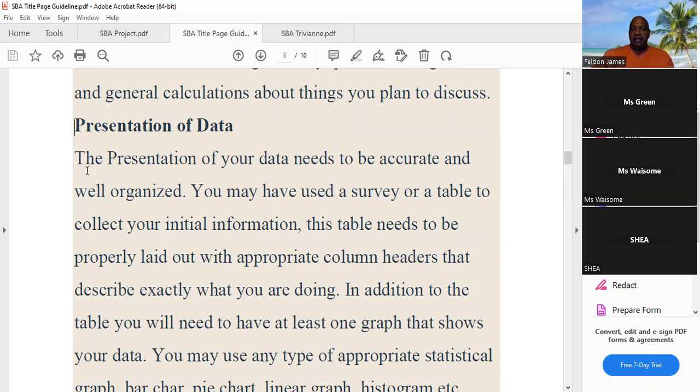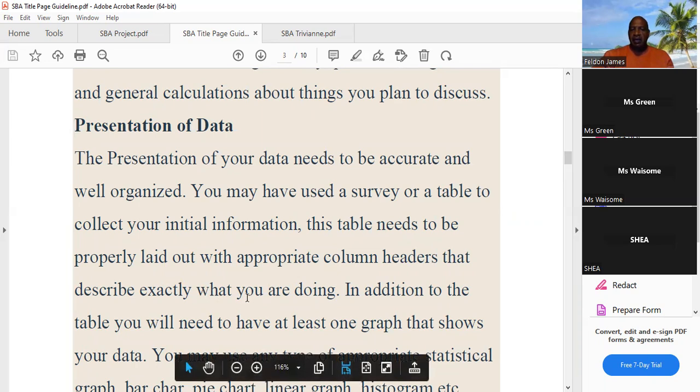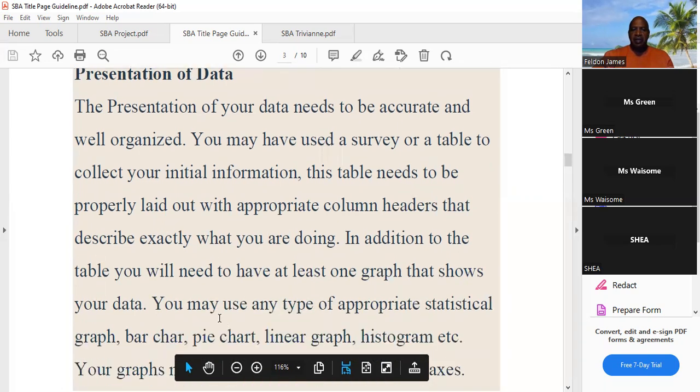All right. The presentation of your data needs to be accurate and well organized. You may have used a survey or a table to collect your initial information. This table needs to be properly laid out with appropriate columns, headers that describe exactly what you are doing. In addition to the table, you will need to have at least one graph that shows your data.